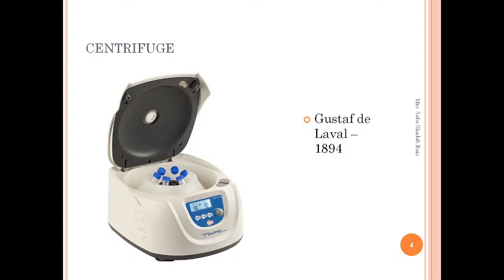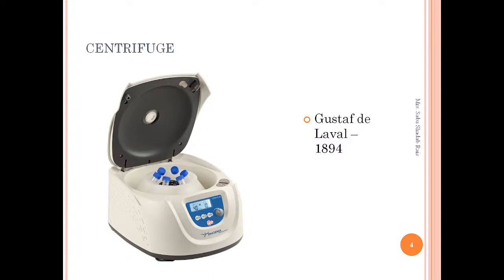He made this centrifuge machine in the year 1894. Very good Fatima Sheikh, and Huda also. So the centrifuge machine was made by Gustav de Laval in 1894.